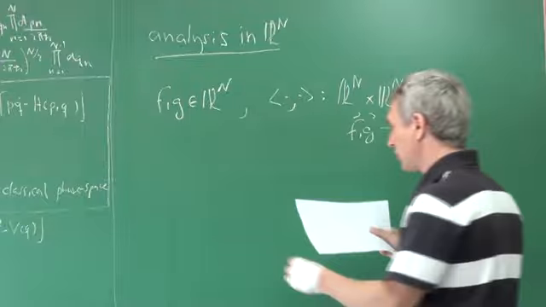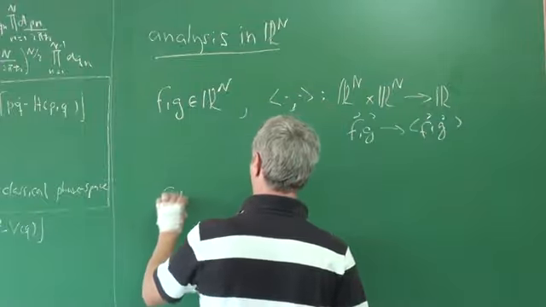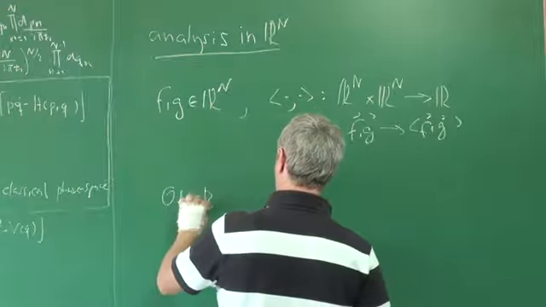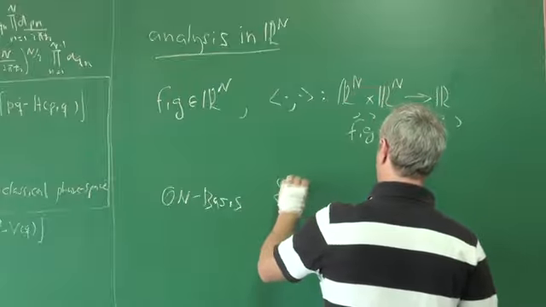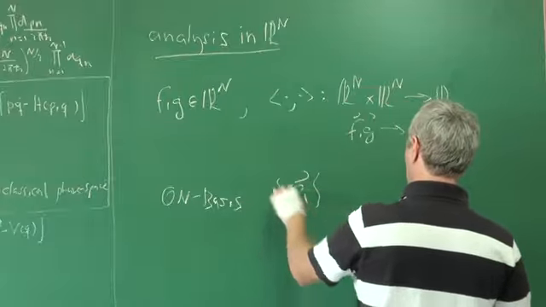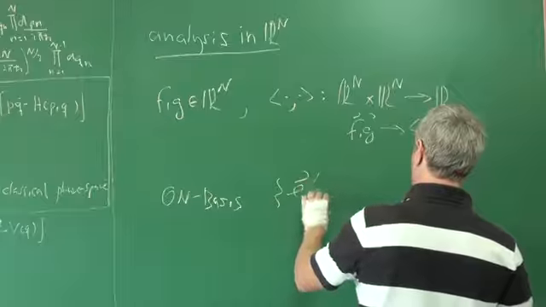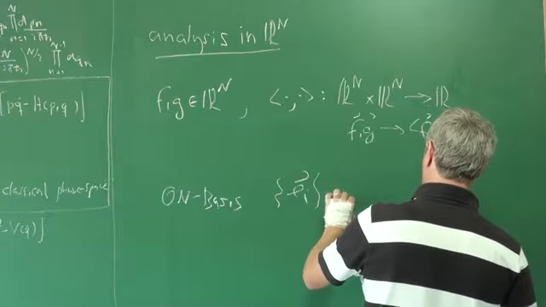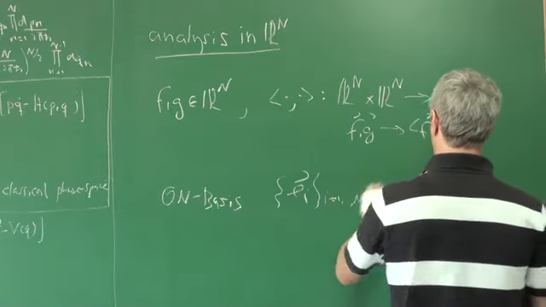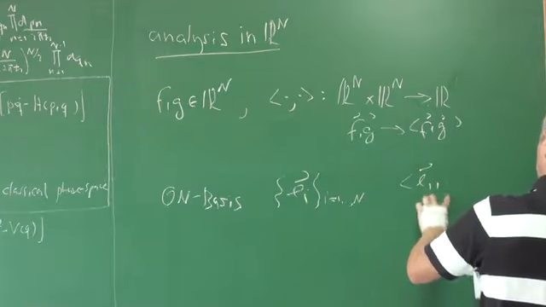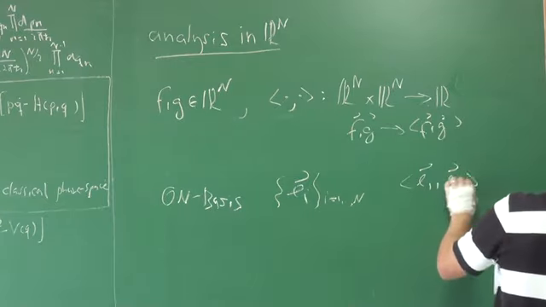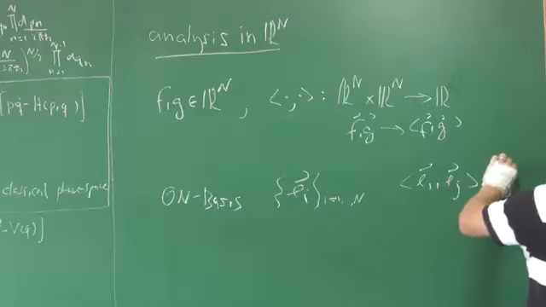What we normally do is we fix some orthonormal basis, some ON basis, which we commonly call vectors e_i. So we have a set of n such vectors which are orthonormal in the sense that the scalar product just gives the Kronecker delta ij.